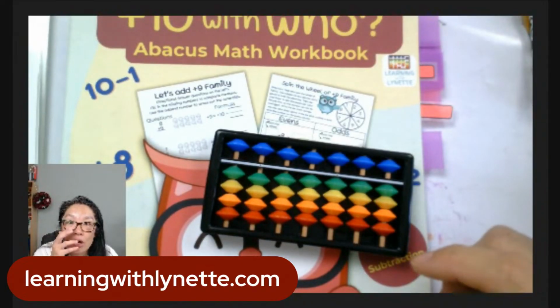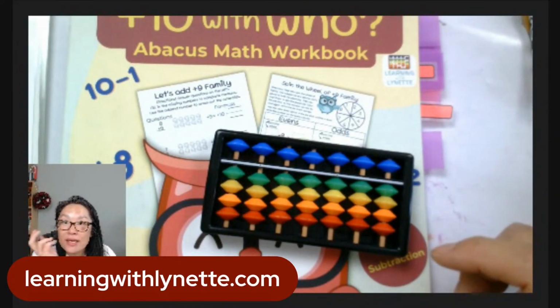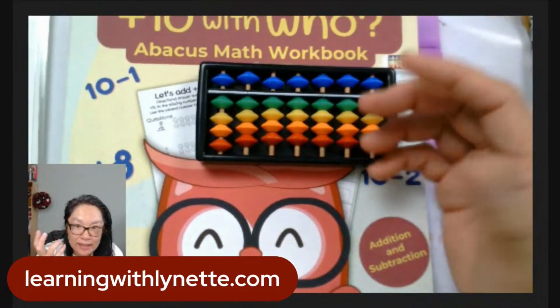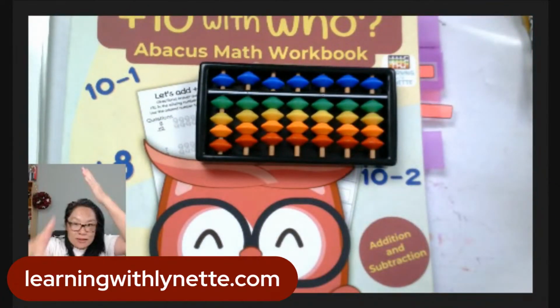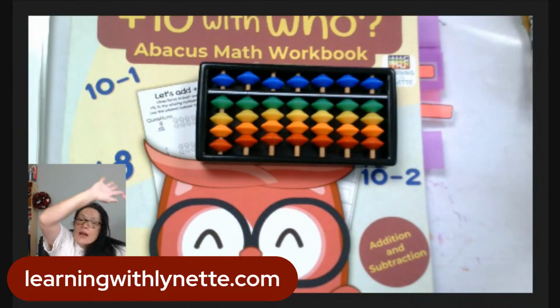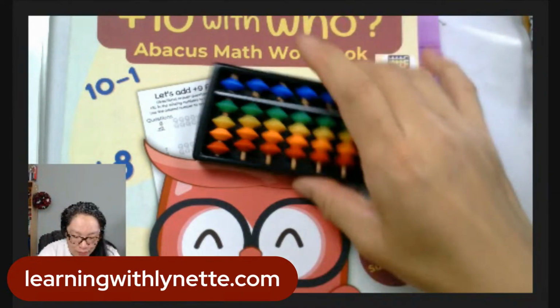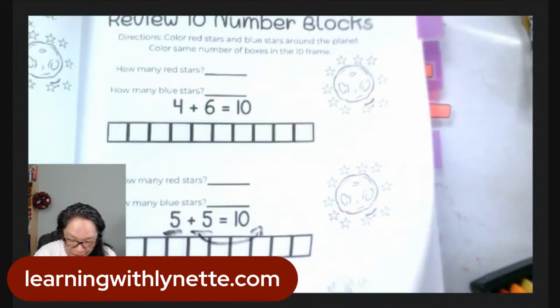Our numbers are Arabic, and that came from Mesopotamia. I don't know why there's a disconnect. Anyways, I'm going to stop ranting. I'm going to continue on, because I can go off.